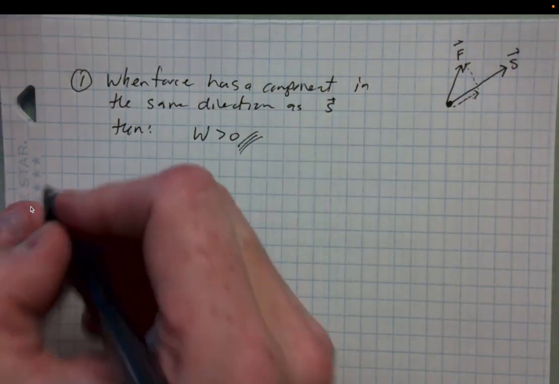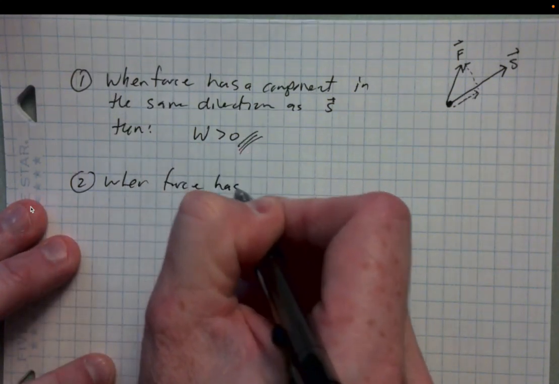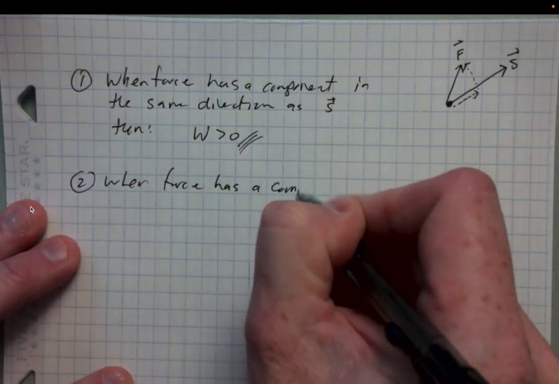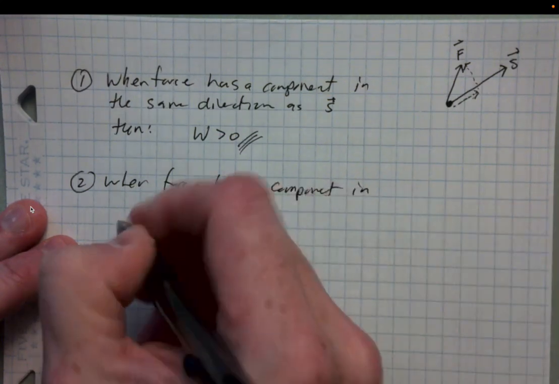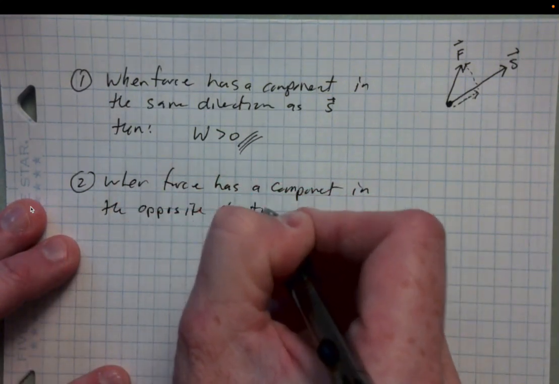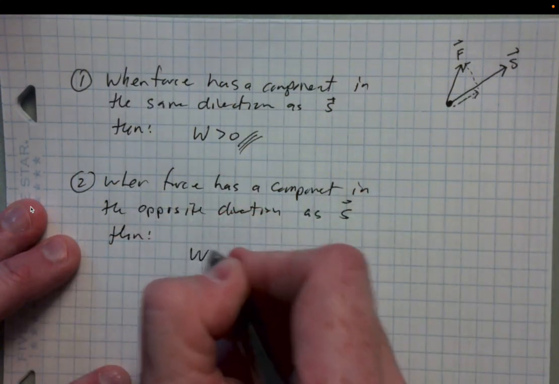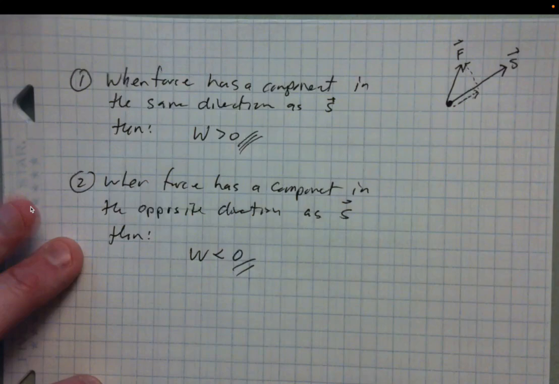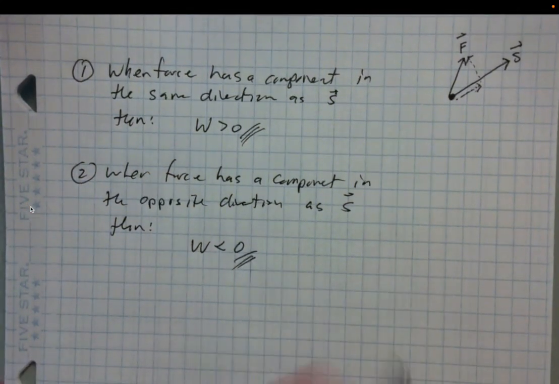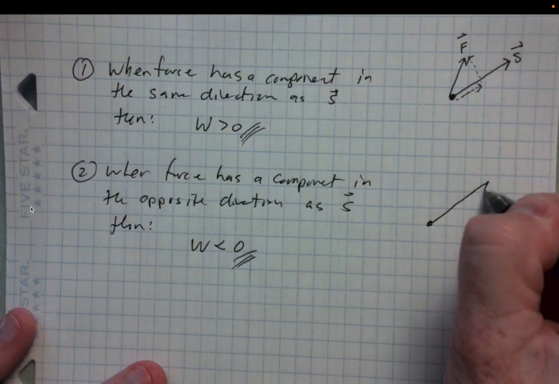So what about negative work? When force has a component in the opposite direction as S, then the work is negative. Now what might that look like? Well, same scenario.